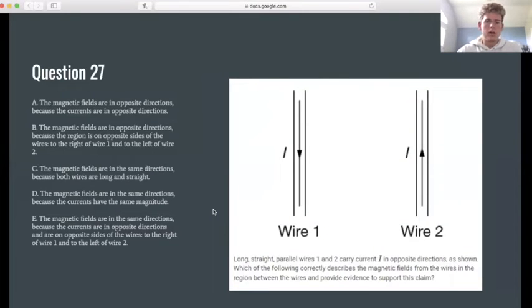For wire 1, it'll be coming out of the page in between the wires. And for wire 2, it'll also be coming out of the page because the current is moving in the opposite direction. So the answer will be E. This is also just making sure you're reading the right answers and making sure that everything in them will make sense instead of just a couple things.